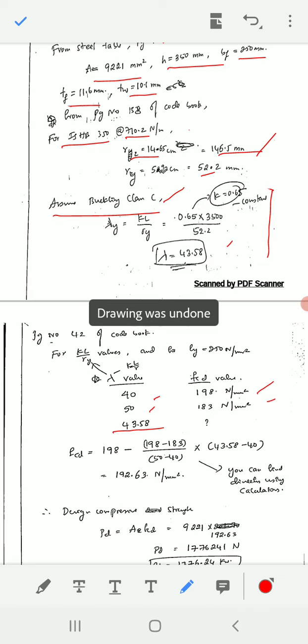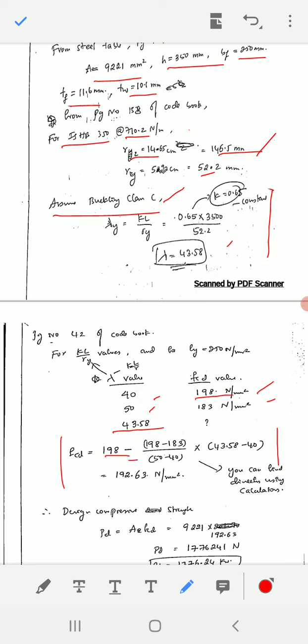We need the value for 43.58, so this formula is used to calculate it. First take the bigger value minus the smaller value, 198 minus 183, divided by 50 minus 40 on the left side, multiplied by 43.58 minus the lower value.